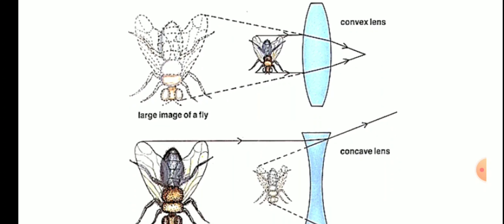You can see first it is a convex lens. Now focus on the first diagram only. You can see a large image of a fly. When the lens is kept near to the fly, you can see it is a large image of the fly. Clear?